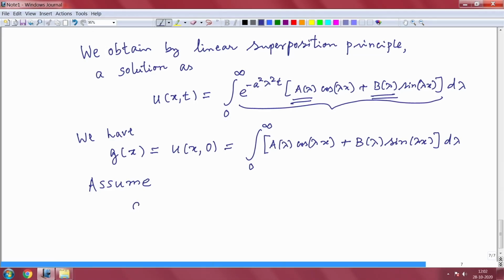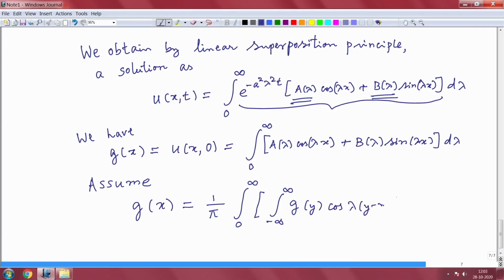So assume g(x) can be written as one by pi, integral from 0 to infinity, integral from minus infinity to infinity of g(y) cosine lambda(y minus x) dy, and then you integrate with respect to lambda.